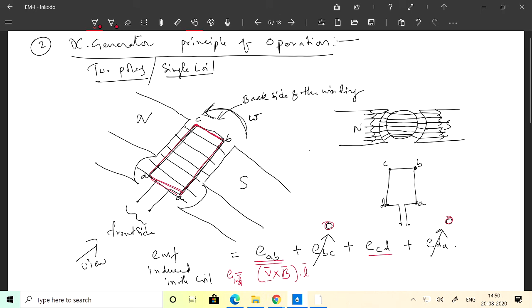What is V? The peripheral velocity of the coil moving. This is the axis of rotation.